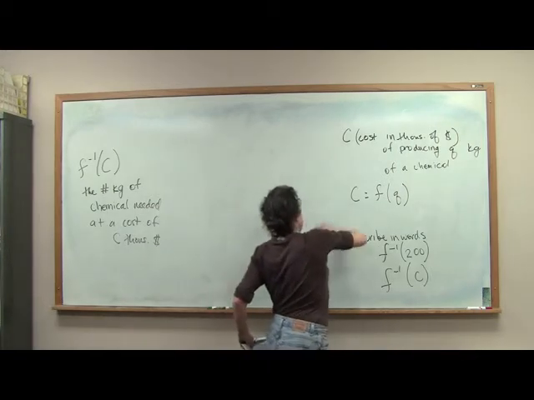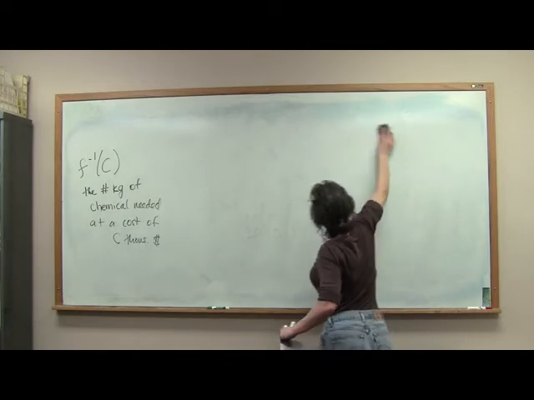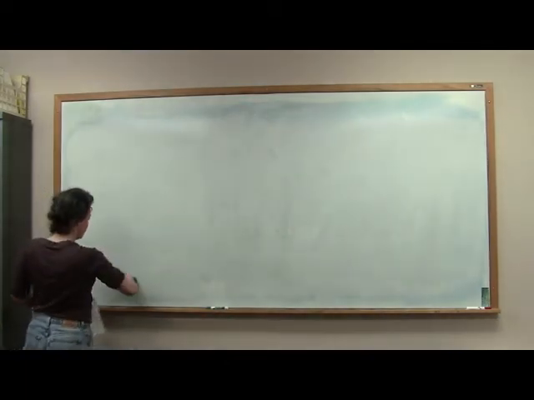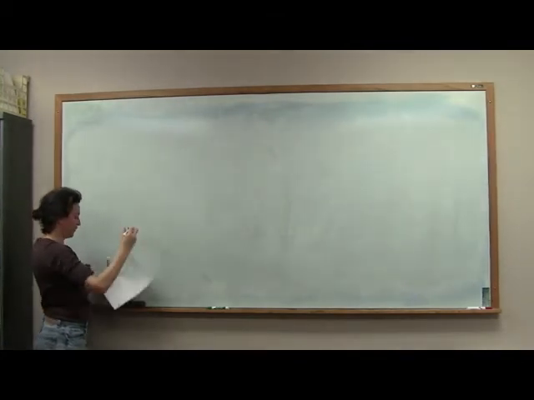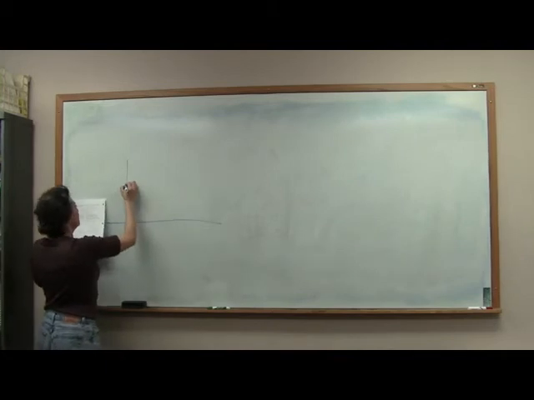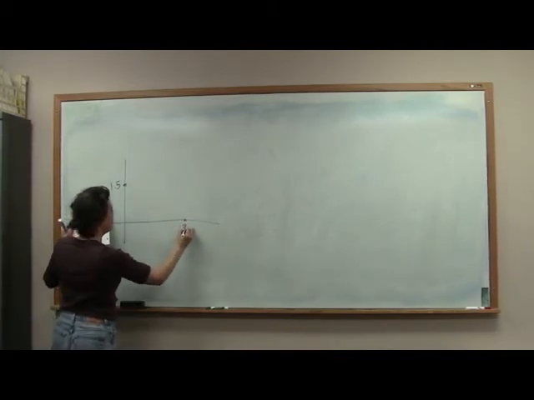So, let me just draw a simple graph here, just to kind of summarize these inverse functions in terms of looking at a graph. All right, so this is 1.5 and this is 2.2.